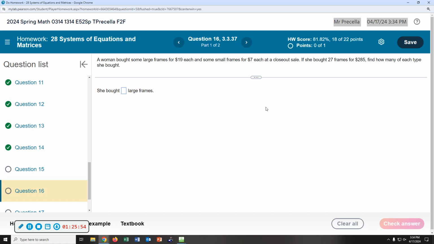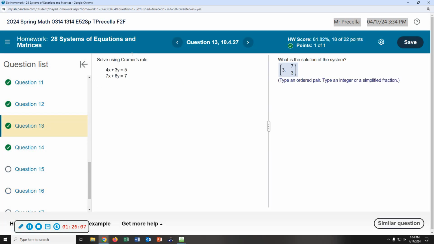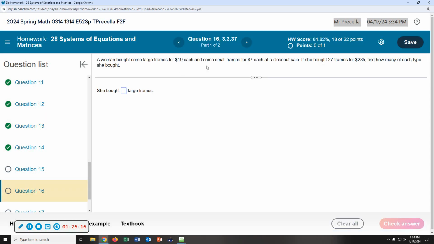Okay, number 16. These word problems, don't let them freak you out. There's a nice pattern for setting them up, and you're going to want to write two equations. Generally, if you took a more detailed course on matrix theory, you would see that for a system of equations, if you want a unique solution, the number of variables should equal the number of unique equations.